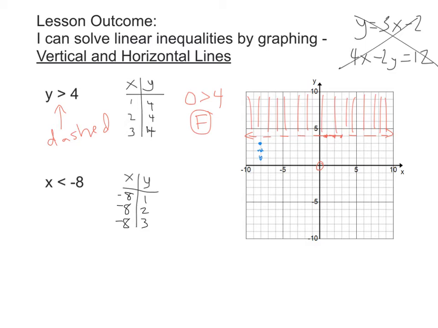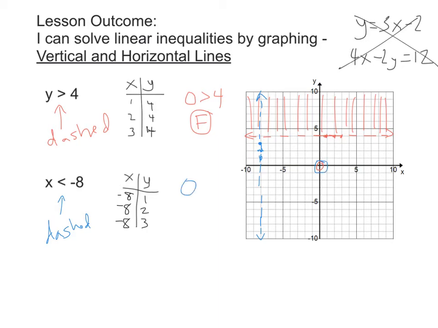So now again, notice this is also going to be dashed. I remembered to look this time, and I'm going to make a dashed vertical line through there. I am graphing this all in the same coordinate plane, so there's some overlapping of my shading and things like that, but that's okay. So now I'm going to test the point 0, 0 again.